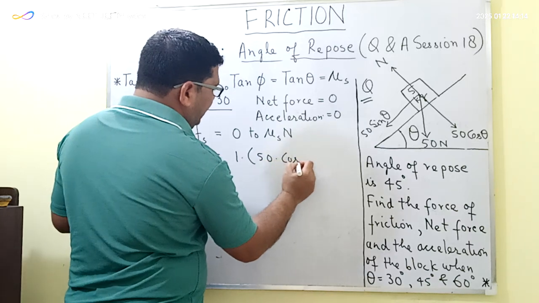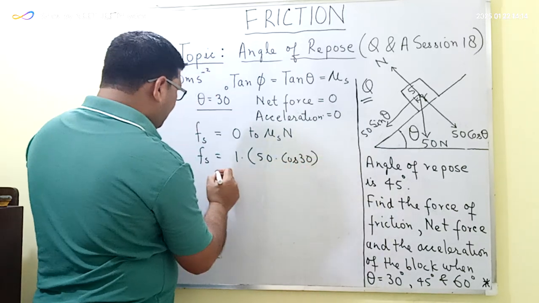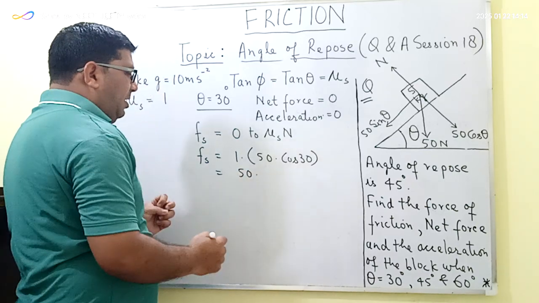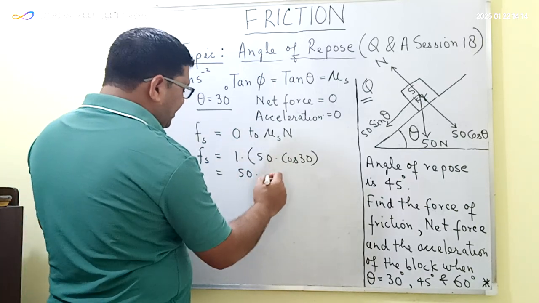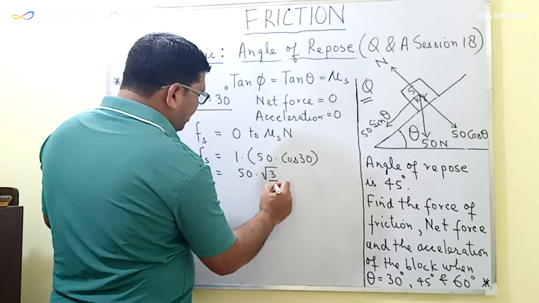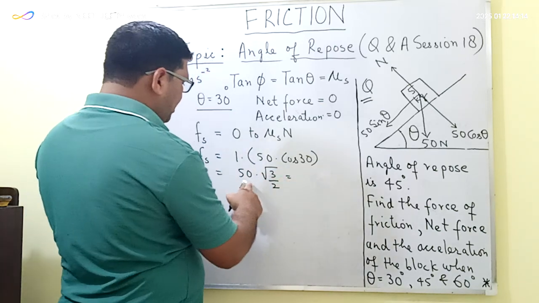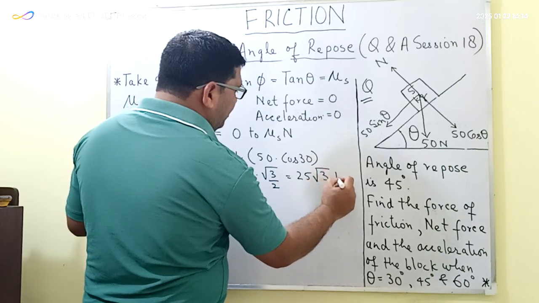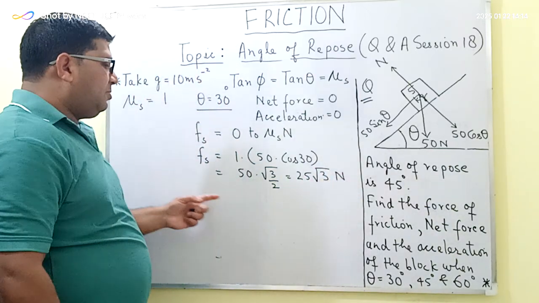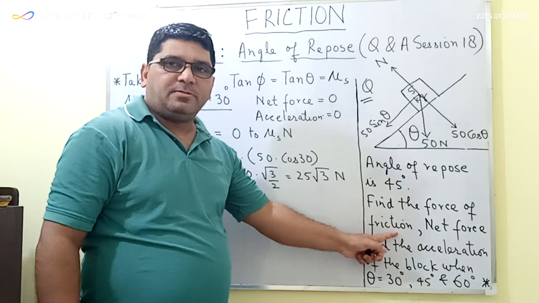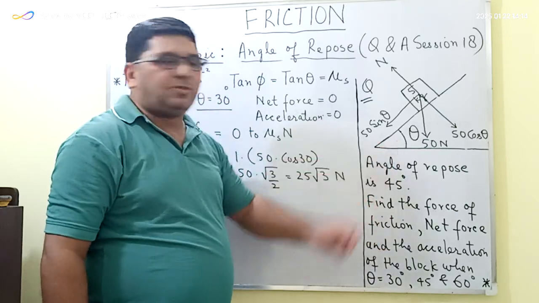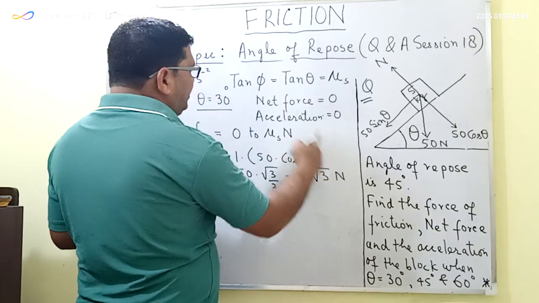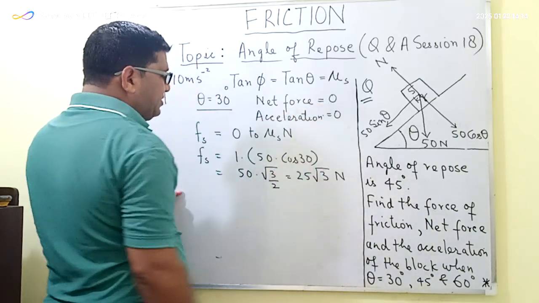The value of cos 30 is root 3 by 2, so this is equal to 25 root 3 newtons. So the force of friction when theta is equal to 30 degree will be equal to 25 root 3 newtons. The net force will be 0 and the acceleration will be 0.